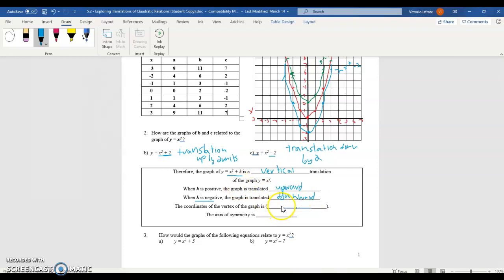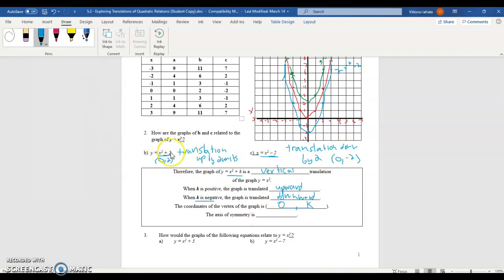And in this form here, the coordinates of the vertex are always going to be 0, k. So the vertex in this example here, for example, is 0, negative 2. In this example here, it's 0, 2, just like that.